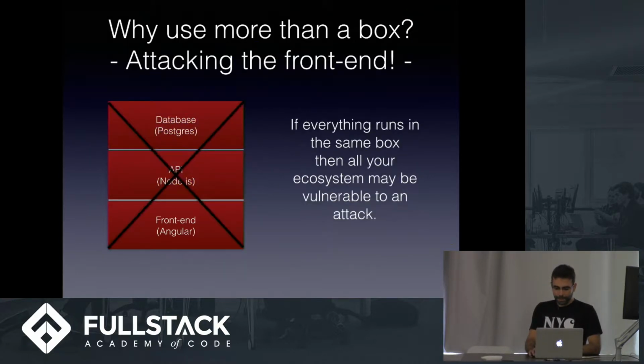So if your front end is sharing code with your API and your database, and people manage to get access to your front end, then your ecosystem is vulnerable to an attack.